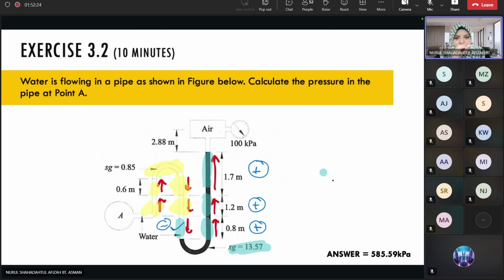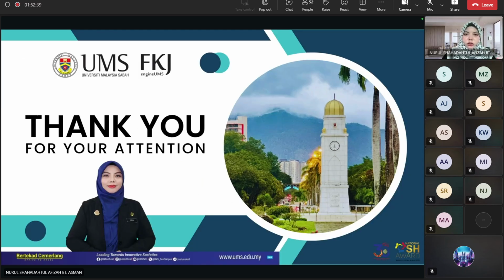Nanti boleh saya cari lah. Mencari pressure in the pipe, PA itu berapa. I'll try buat. Okay, I think that's the jalan.